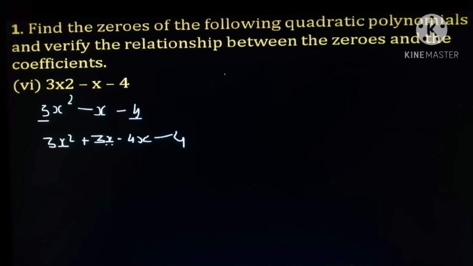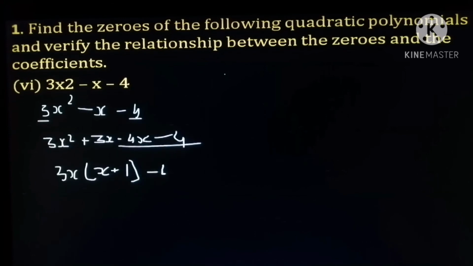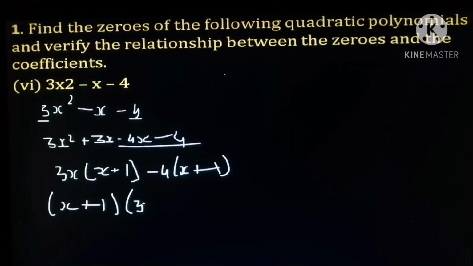When you subtract this 3x and 4x, you are left with negative x, and that's what is given in the question. Now you will take this 3x as common. You are left with x plus 1. Here we'll take minus 4 common. So minus 4 into x plus 1. Again you have the factors in front of you, x plus 1 common, multiplied into 3x minus 4.